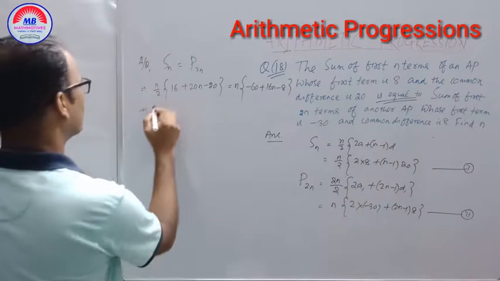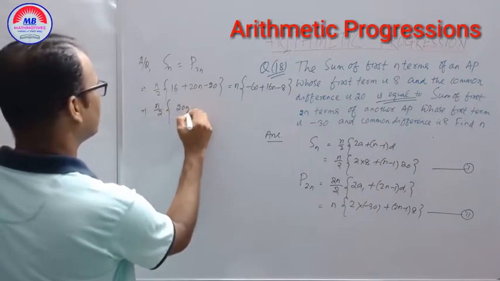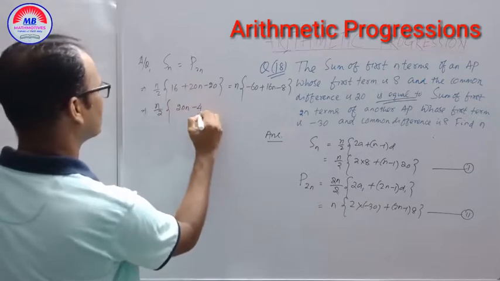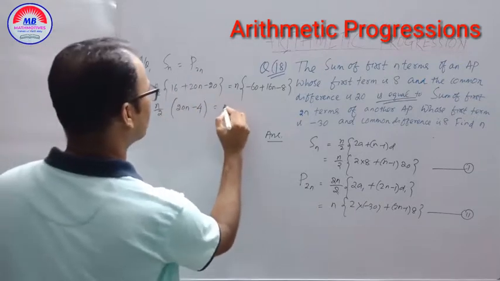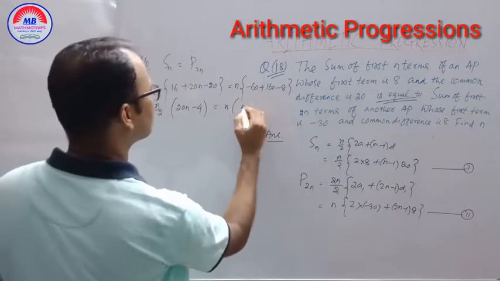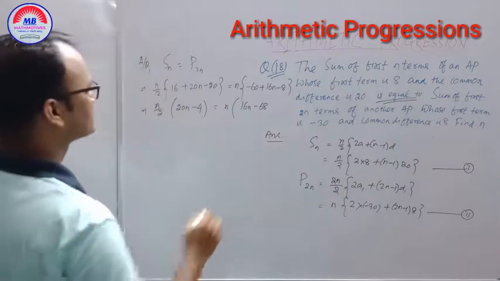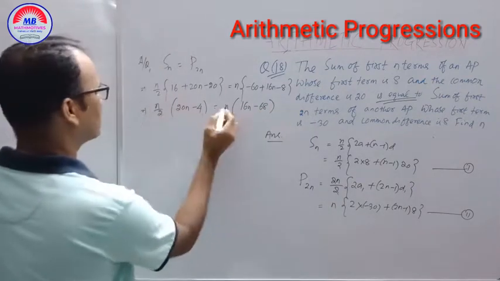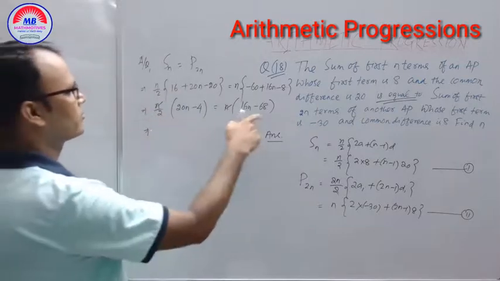Then n by 2 into 20n minus 4 equals n into 16n minus 68. N multiplied by n cancels. 2 is divided here, we can multiply here.